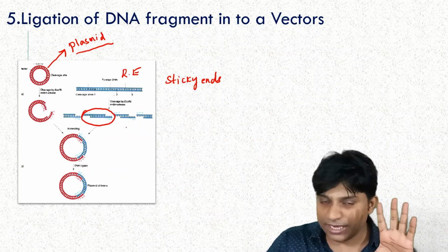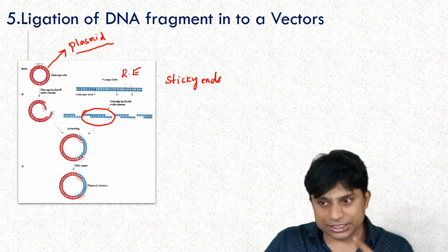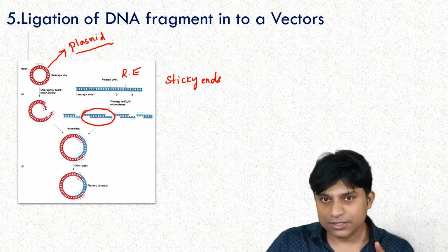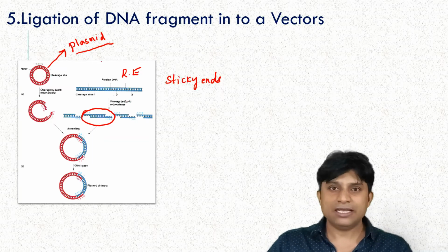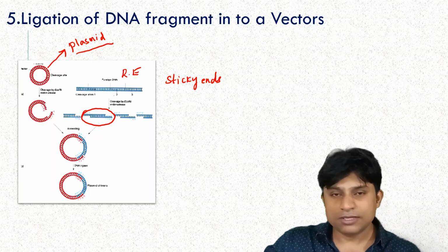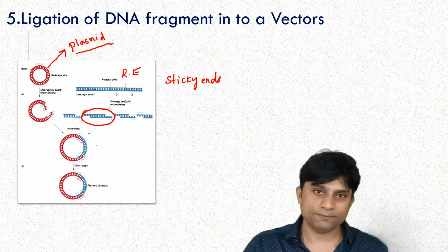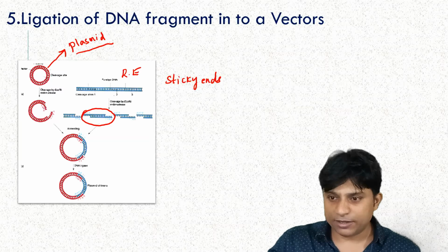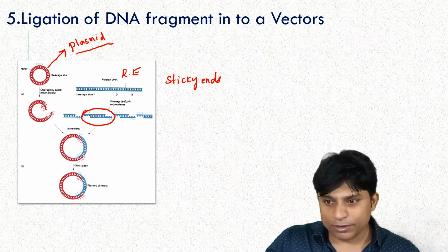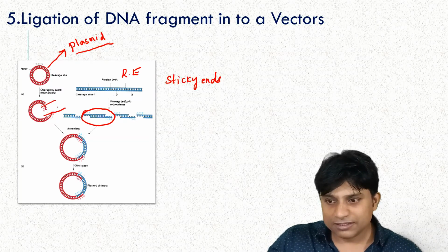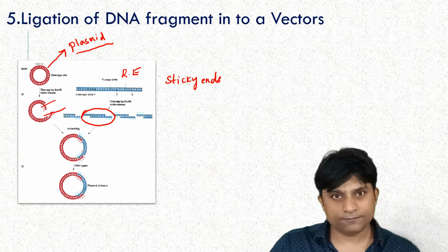So remember, the restriction enzyme which we are using to cleave our gene of interest, the same restriction enzyme sequence must be present on the plasmid, that is the vector. So we are using the same enzyme and we are going to cleave the vector.